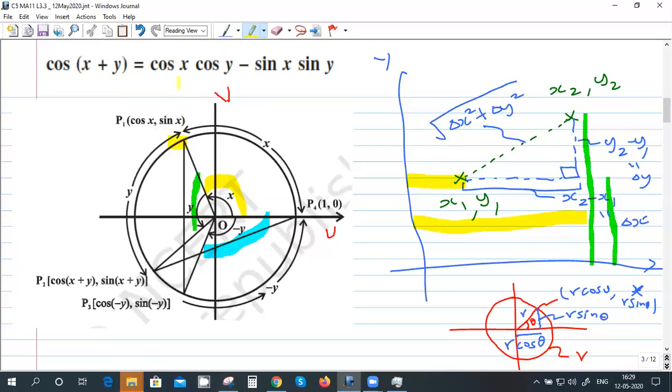The coordinate of that point will be cos x, sin x. That's what I showed here: the coordinate of a point making angle theta is cos theta comma sin theta if r is 1. Here I've chosen the unit circle. So the coordinate of this point is cos x, sin x. The coordinate of the point making angle minus y is cos of minus y, sin of minus y.